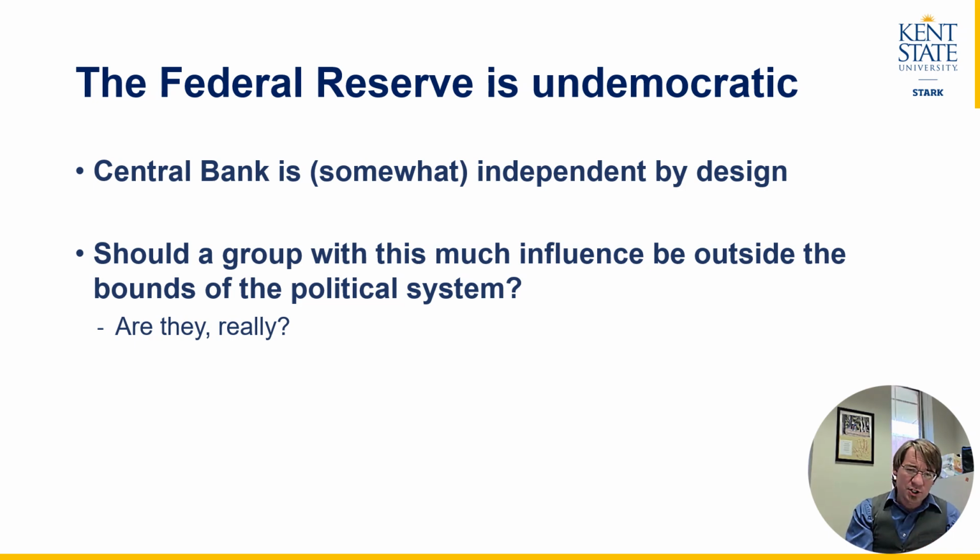So really the big question that some people ask is, well, does it really make sense for a group with this much influence to be outside the bounds of the political system? Now, another question that has been raised is, well, are they actually outside the bounds of the political system? Certainly in President Trump's second term, he has challenged this significantly, in that we have, say, trying to remove people from the Board of Governors, something that historically really wasn't done.